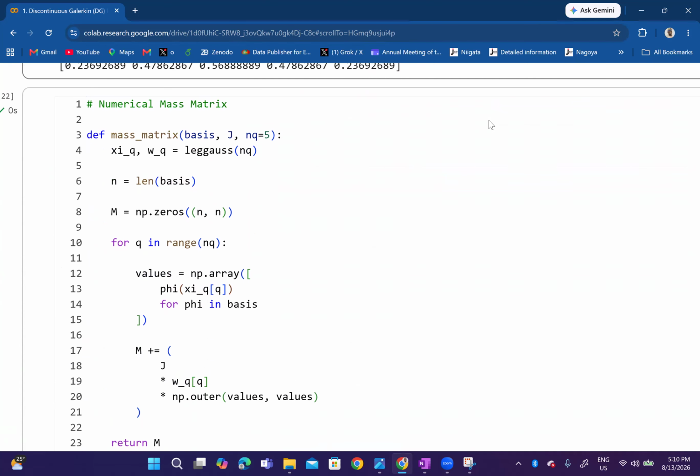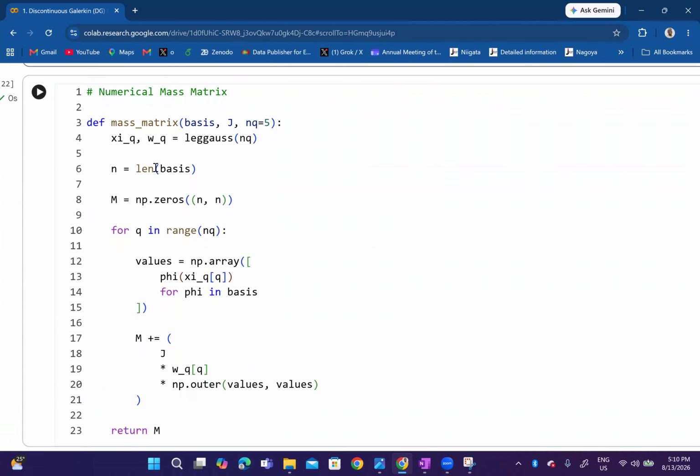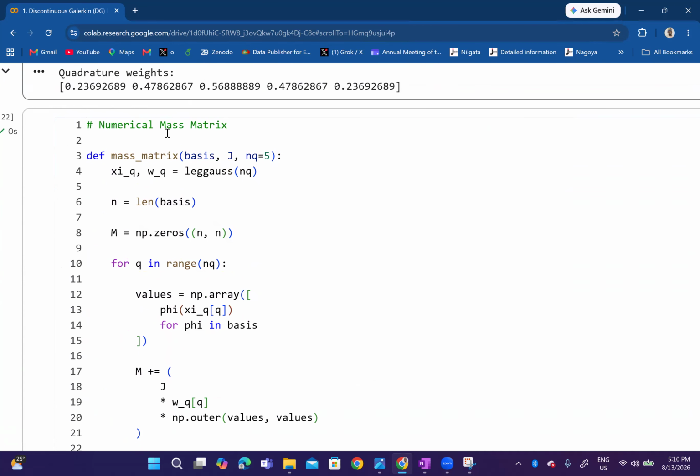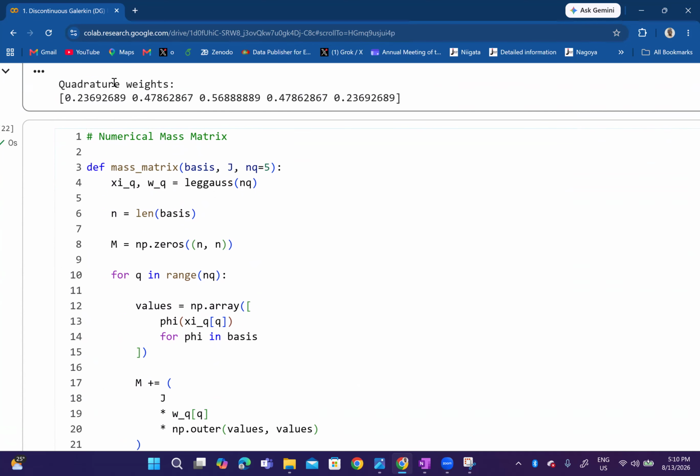Then talking about the numerical mass matrix, which we talked about before. It is still based on this same quadrature. So define the mass matrix with basis, and then you have J, and nq is 5. This is the expression we obtained from the other point, so the xi q points and the weights like this.